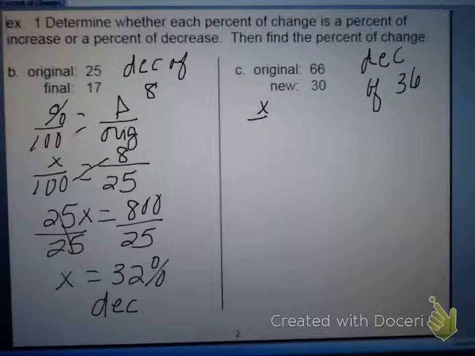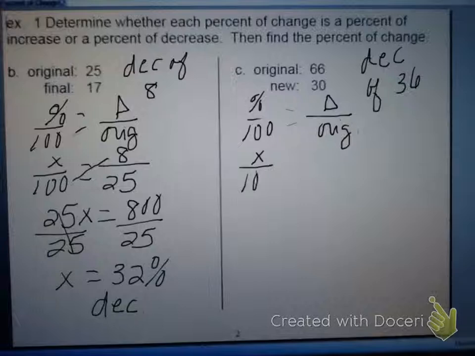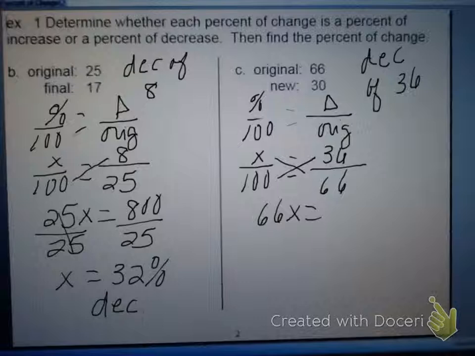So our formula again is x over 100 is equal to change over original, or really it's percent over 100, and then we plug in an x. The amount of change is 36, the original is 66. Cross multiply, that's 66x is equal to 100 times 36, 3600. Divide by 66.